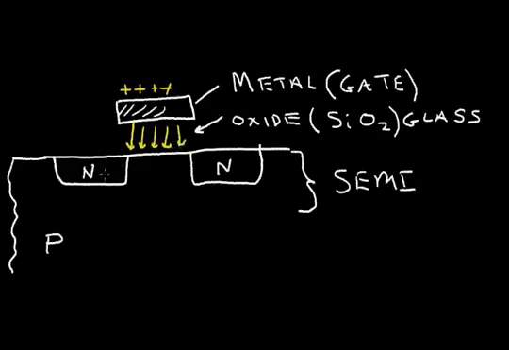And in the case of N-type material with a P-type wafer, this electric field will attract electrons to the surface. And this region under the metal gate is called the channel.